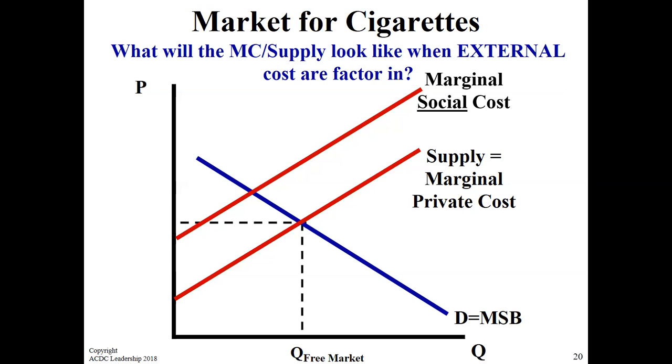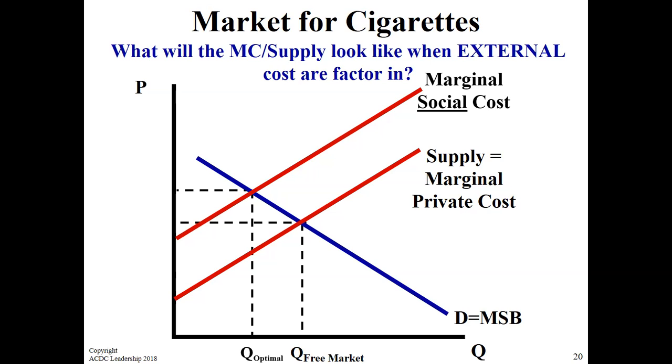Now, this is the market price and the market quantity, and that's the market. Right now, here is the optimal, all right?